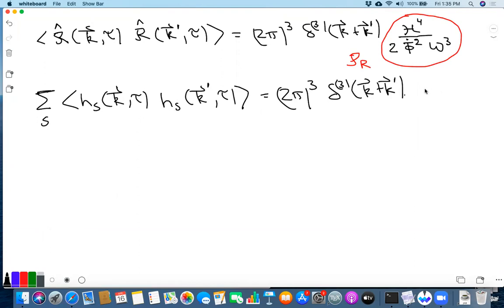And then here we had 4 because the factor of 2 came from the sum. So 4h square over m omega cube. This one we call the tensor power spectrum.